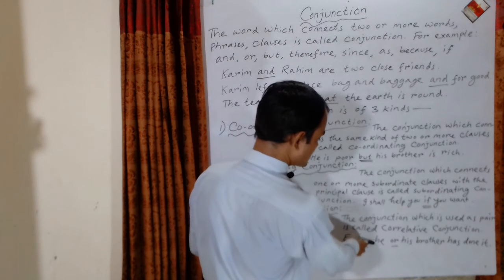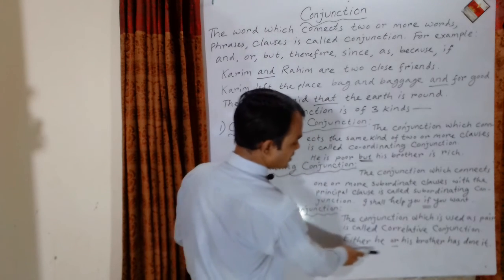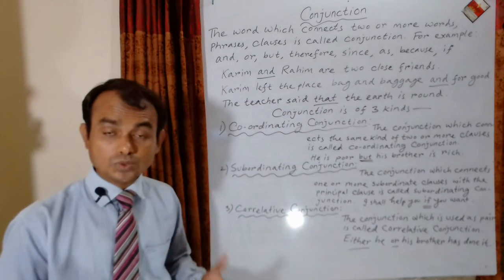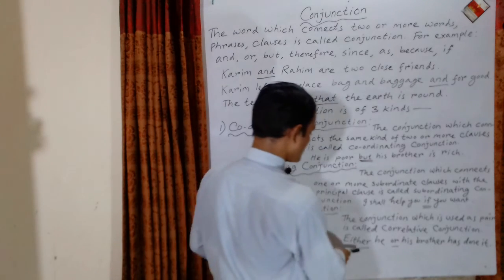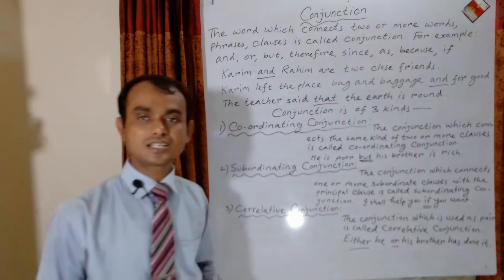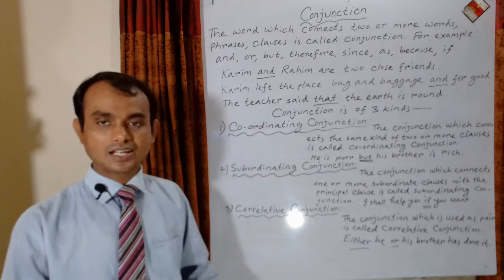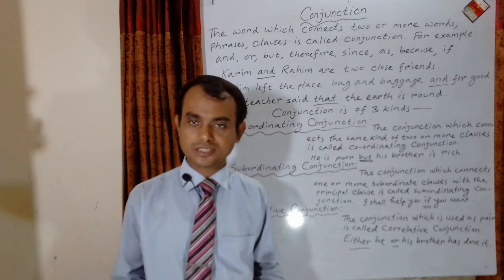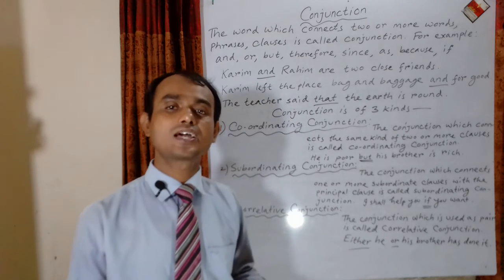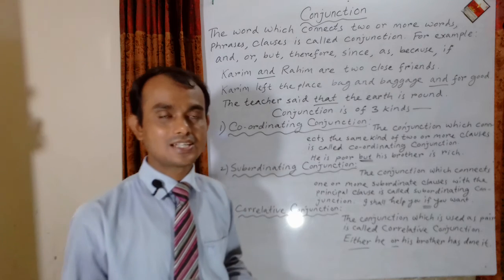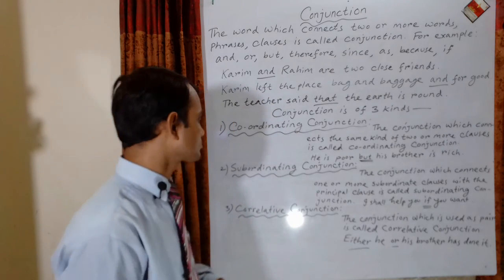This conjunction has come as a pair, either or. There are two words, they are a pair. So either or is a correlative conjunction. In the same way, neither nor is a correlative conjunction, not only but also, no sooner had than, scarcely had when, and so on.